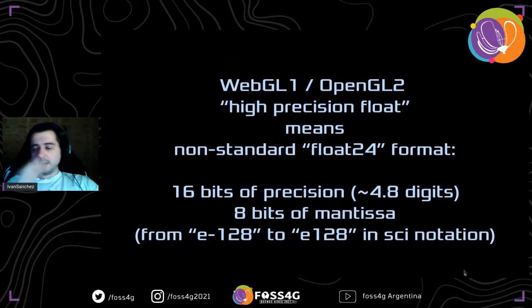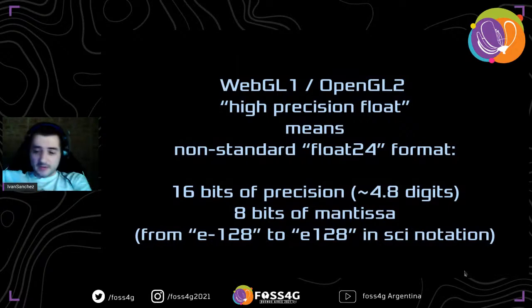WebGL and OpenGL ES 2 are technologies where, for all the numbers they use, you have to assume the worst case scenario, which is float 24, which is 16 bits of precision, which means 5 decimal digits. It really sucks when you need to store big numbers because you start losing precision.